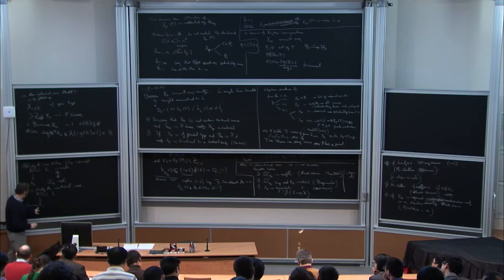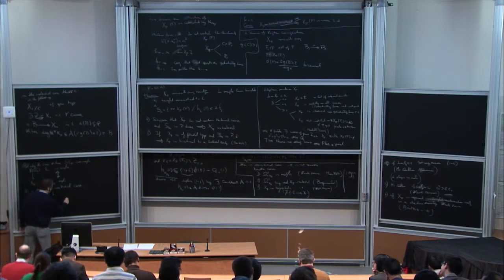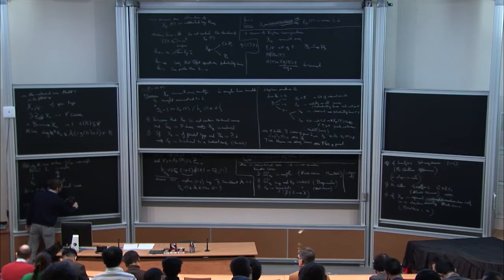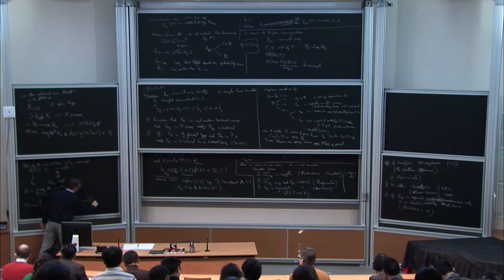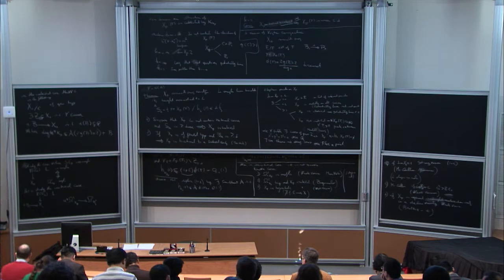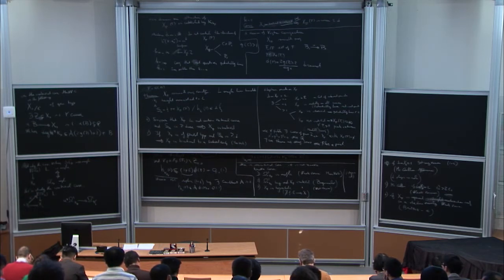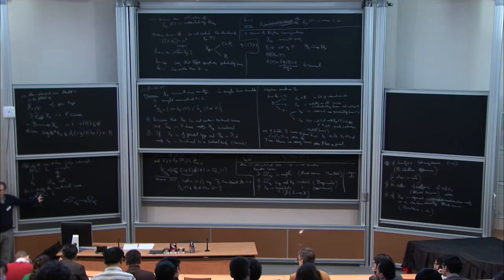Since you have this map, you also have a map from alpha upper star of omega 1 of X naught to omega 1 of B1. The image is a line bundle inside omega 1 of B1. So by functoriality, you get a derivative map, so this map can be lifted like this.